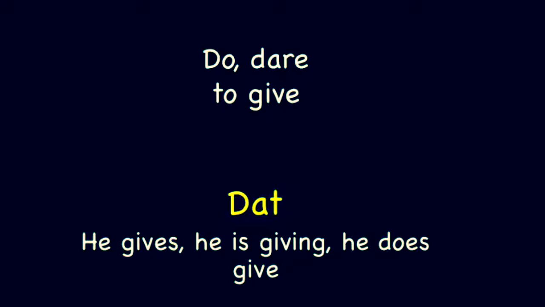Because there is no noun written with this word, I must use the pronoun he, she, or it as its subject. Any one of them would be correct because there is no context for translating the verb. And so that is why I have written as a correct translation for this verb, he gives, he is giving, or he does give.